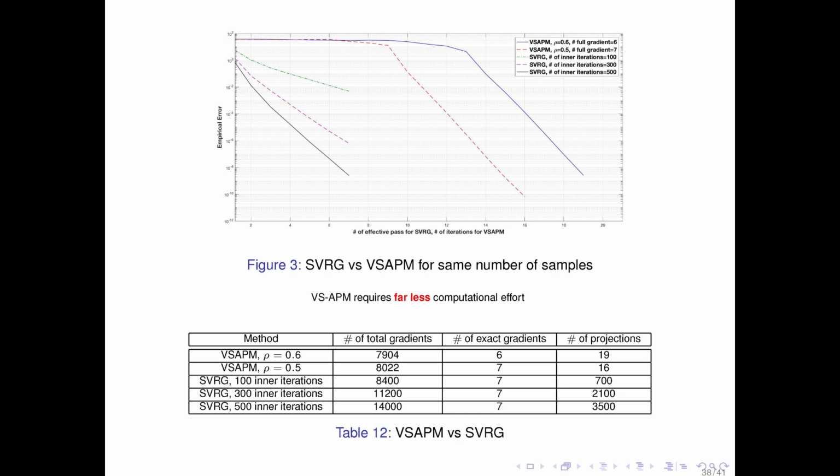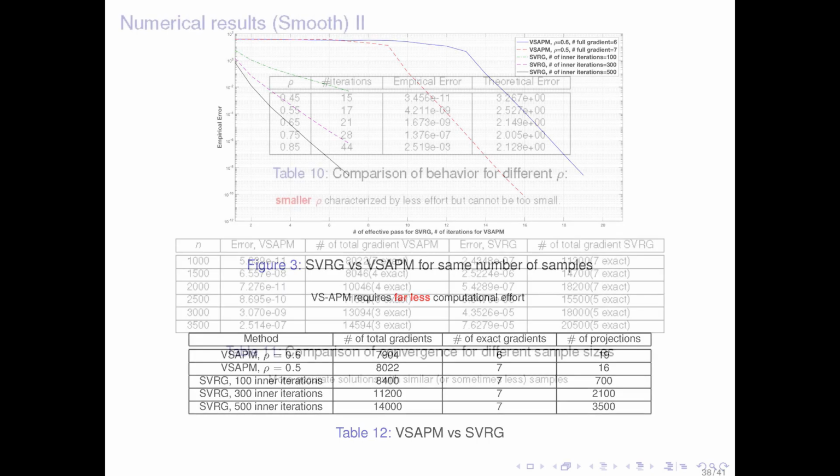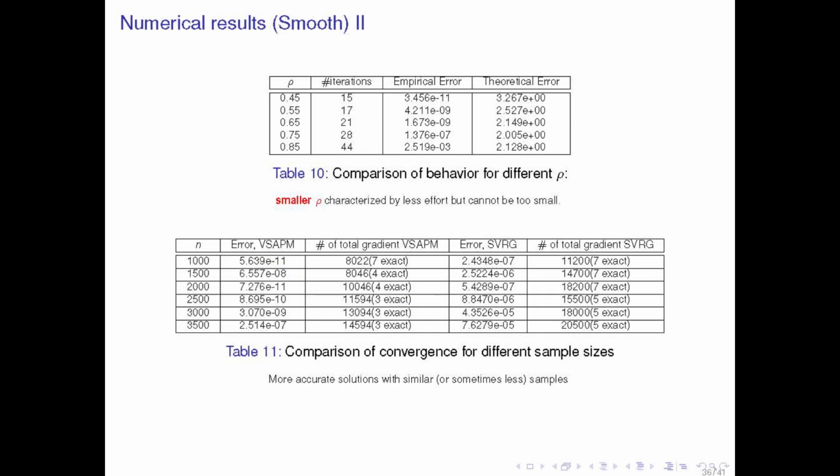Suppose I actually ran the scheme and checked how many projections you take. Because here I've just told you information. I haven't told you how much time the method actually takes. So if you look at this, whenever we take a gradient step, we project. When they take a full gradient step, they project, and when they take a sample gradient step, they project.